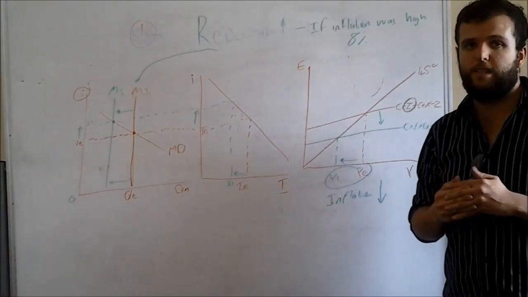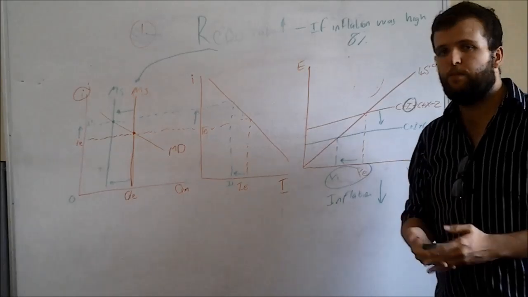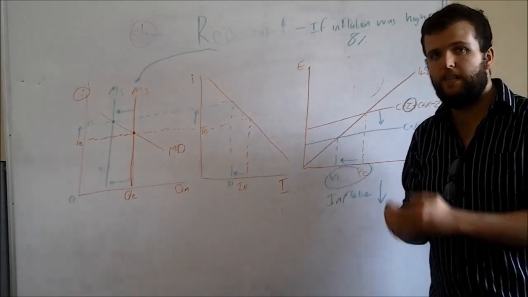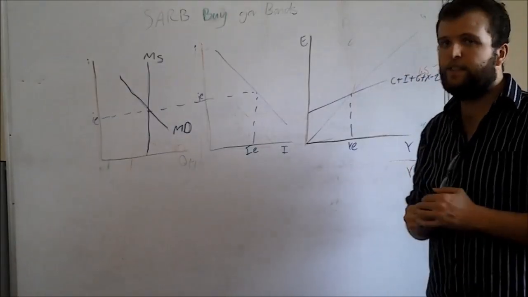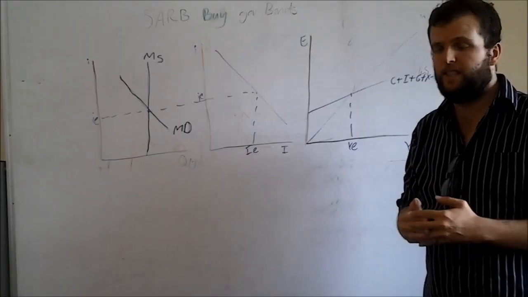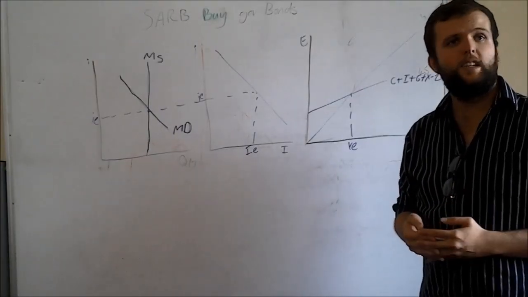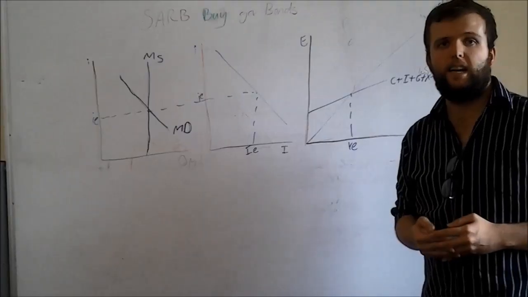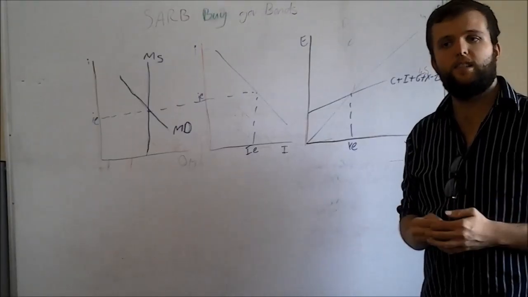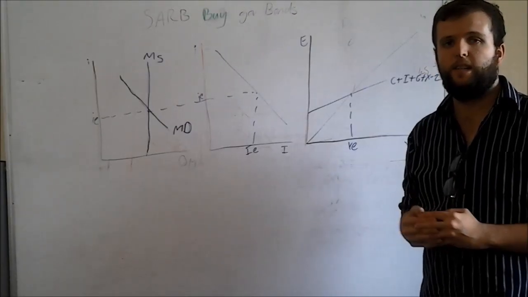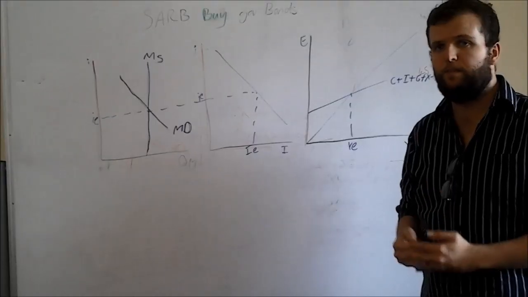The other case is the expansionary monetary policy, which I will explain now. This is the case of the expansionary monetary policy. Now, this can happen for any reason. The Reserve Bank feels prices are low, so they can start by expanding the economy, they can implement an expansionary monetary policy.